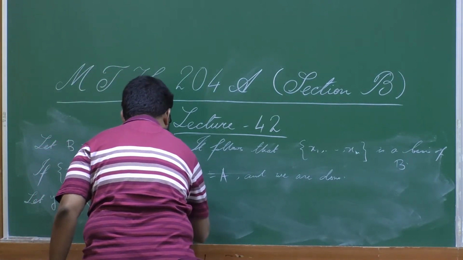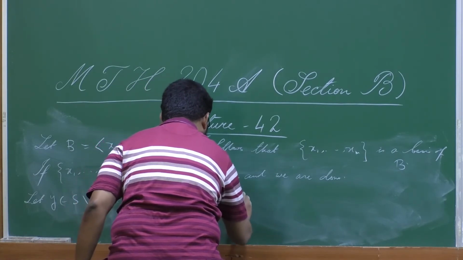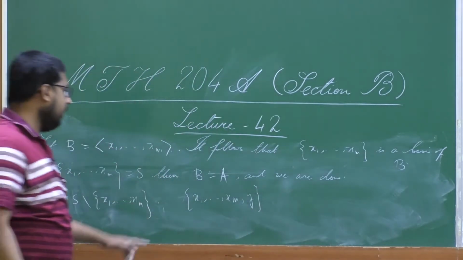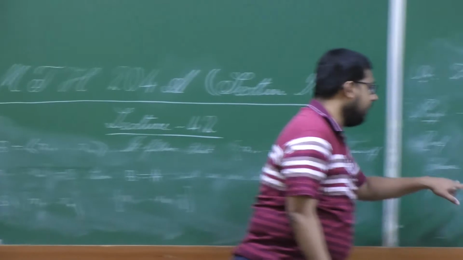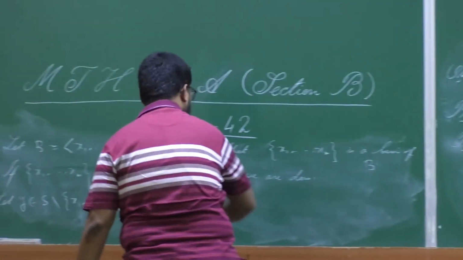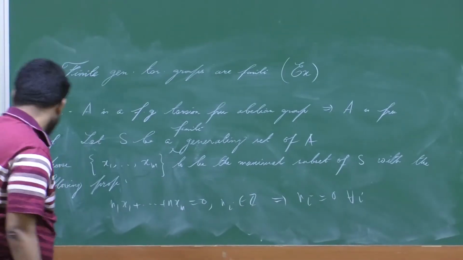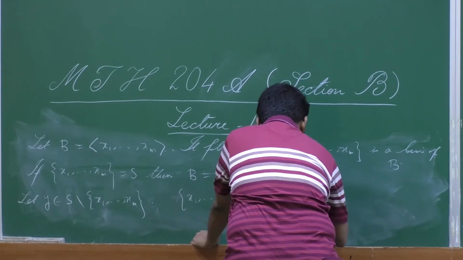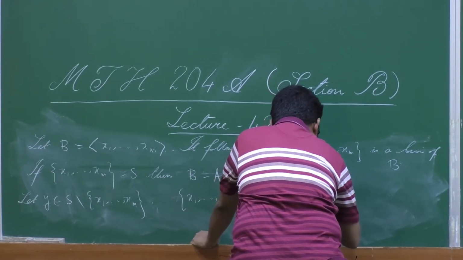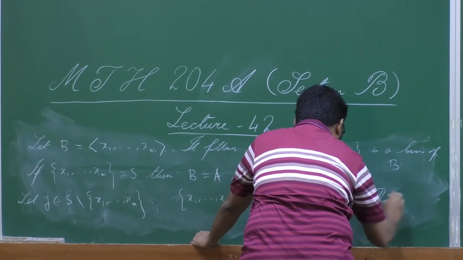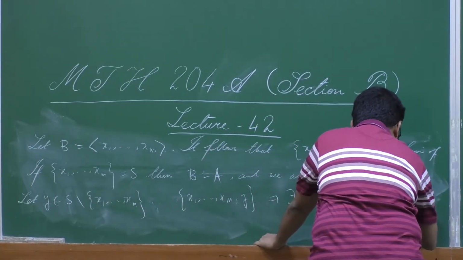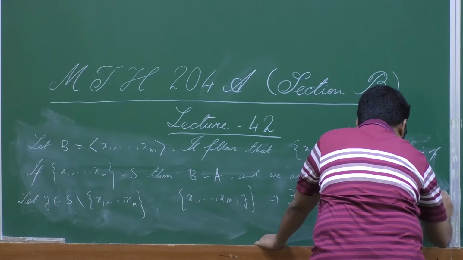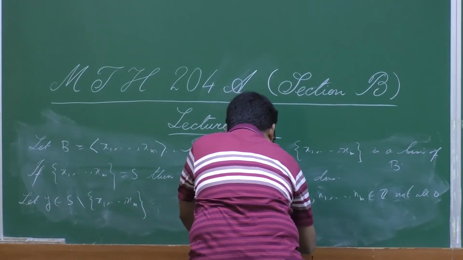Then we consider the set x1 up to xm together with y. This is a subset of S that properly contains the earlier one. Therefore, this cannot have the property, hence there exist integers n, n1 up to nm, not all 0, such that the combination vanishes.